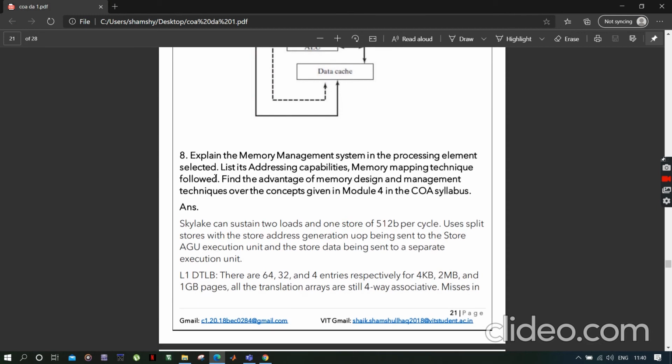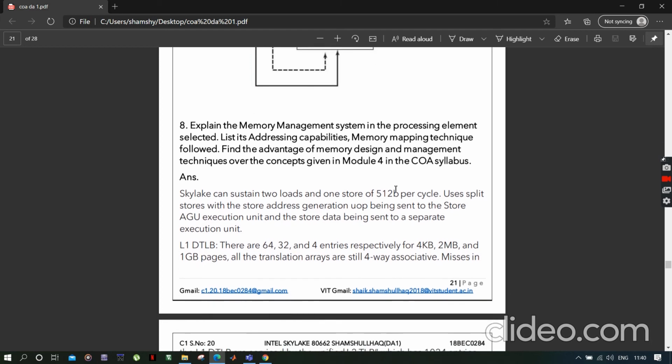Now we are at our eighth question: explain the memory management system selected, list its addressing abilities, capabilities, memory mapping, and the technique followed, and find the advantage of the memory design and management techniques over the concepts given in module 4 in the syllabus.